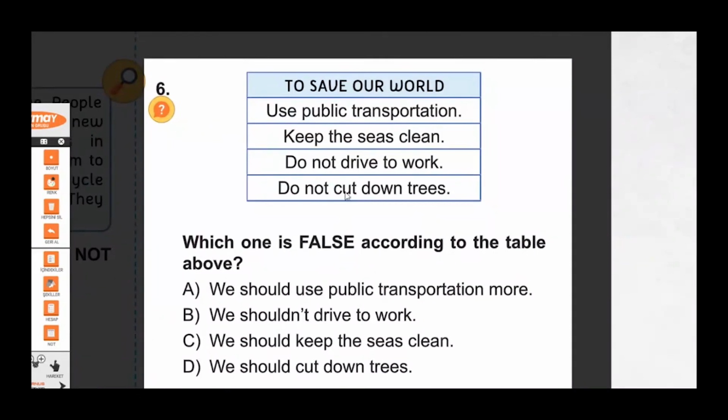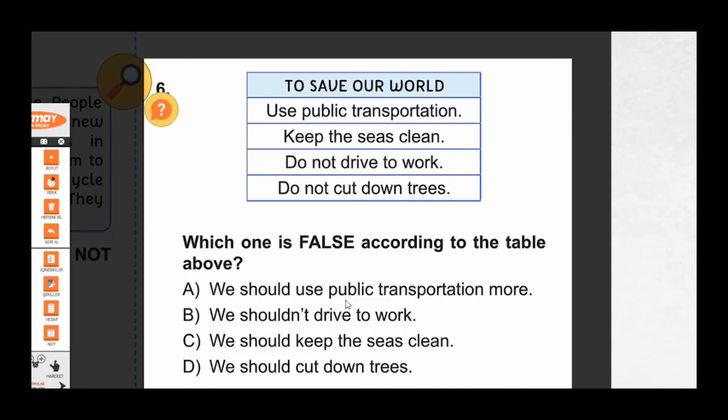Number 6, to save our world, use public transportation or keep the seas clean. Do not drive to work. Do not cut down trees. Which one is false?